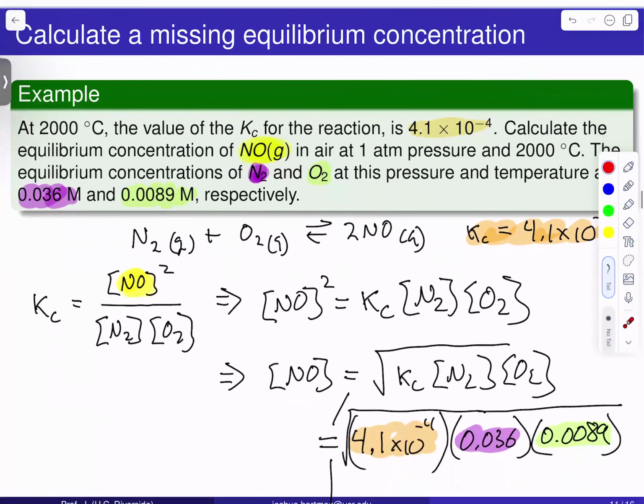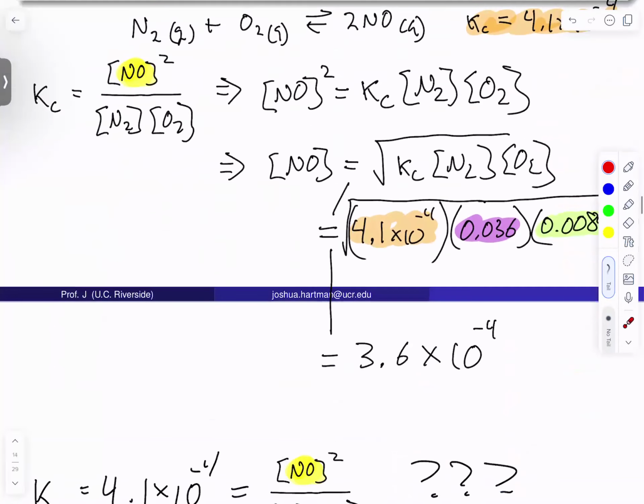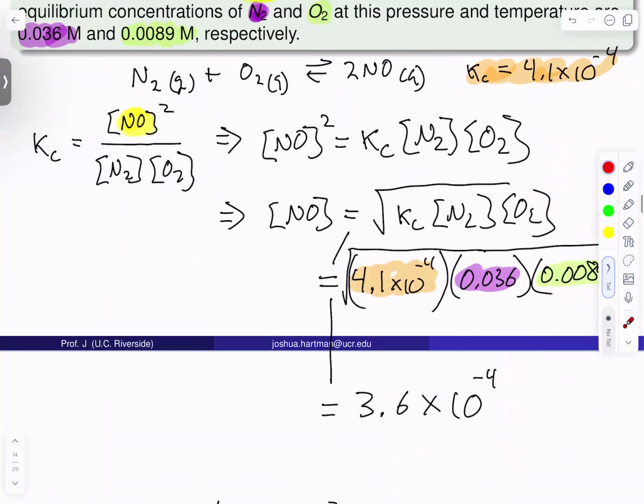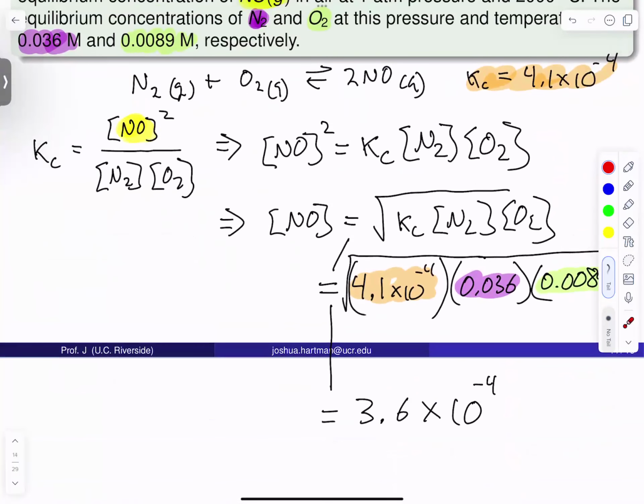And then we're going to plug in those given values, again, highlighted, color-coded for convenience here, plugging in those equilibrium concentrations. Now, once you have those, you will then figure out that we have an equilibrium concentration of NO that is 3.6 times 10 to the minus 4. And remember, the units on this are going to be just molar, as expected.